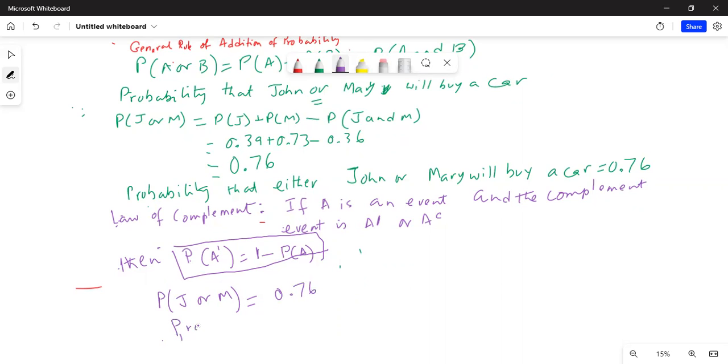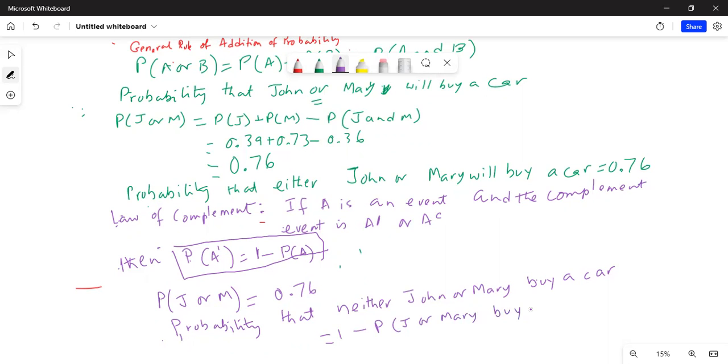So probability that neither John or Mary buy a car, use the law of complements. Neither means none of them are buying a car. Is equal to 1 minus probability John or Mary buy a car.